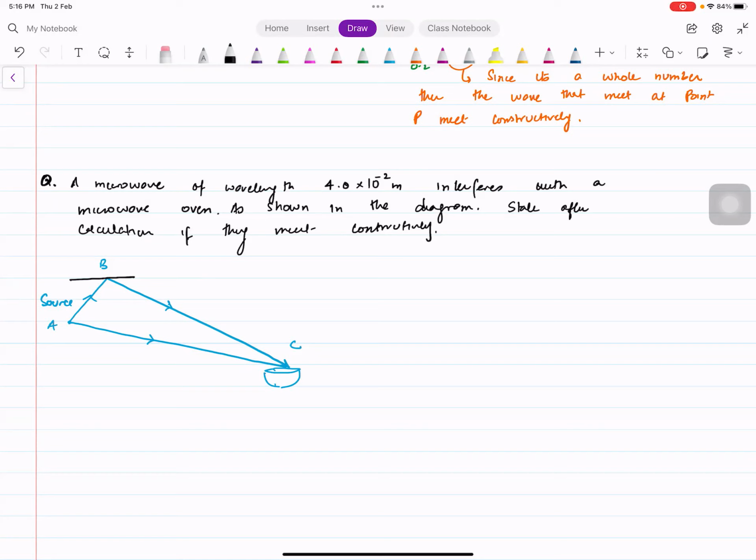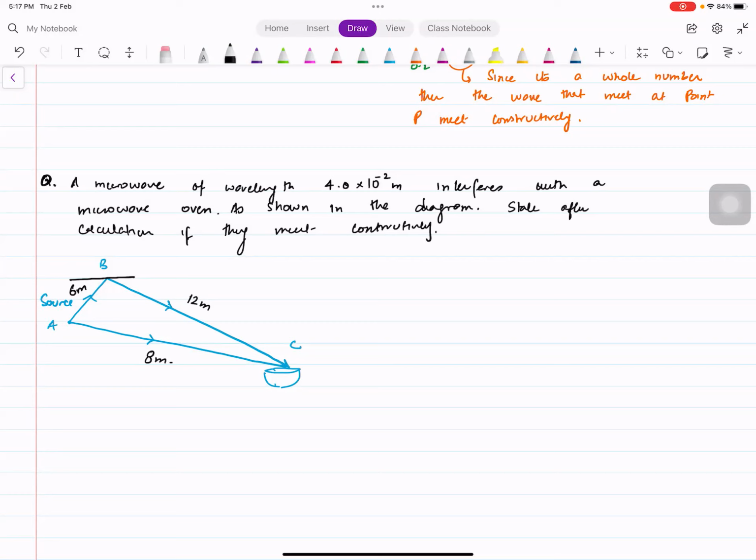Let's write the lengths in meters: 6 meters, 12 meters and 8 meters. Okay, like that.